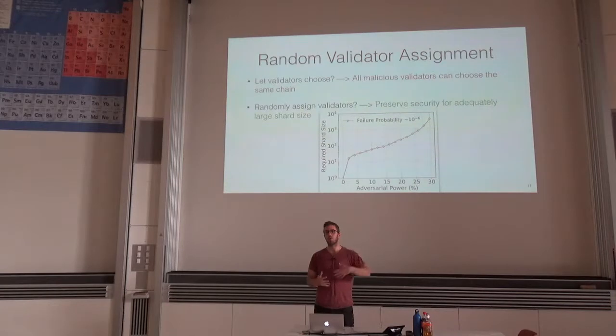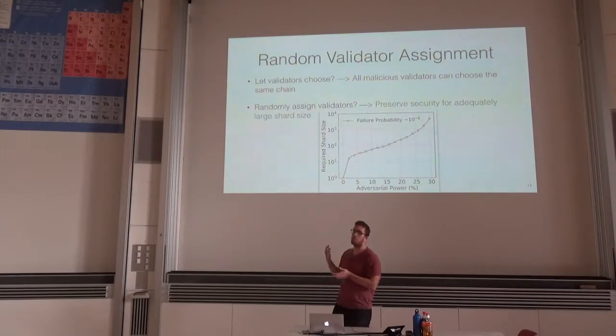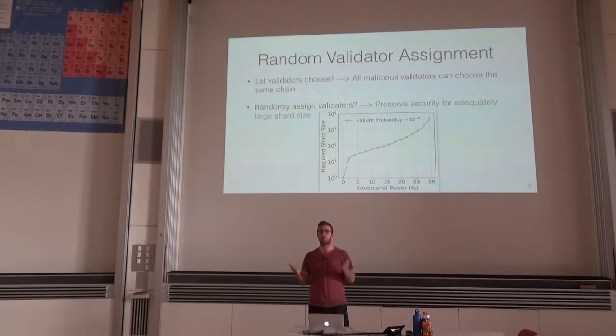Then, because we have a BFT protocol, we have an upper threshold per shard that no shard should have more than 33% of the adversary. And basically, you vary the number of random picks you do, and you look at what the failure probability is. So that runs for 10 to the minus 6. This means that the shard will break 1 in a million. If you want to go to 1 in 10 million, then actually the numbers will go higher.